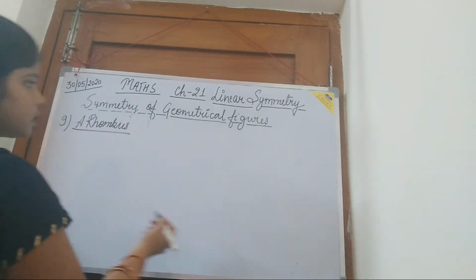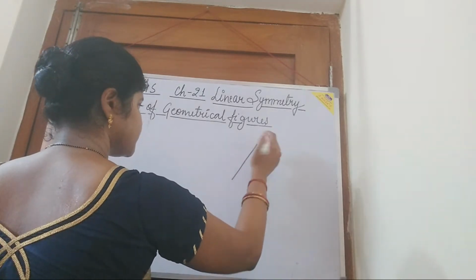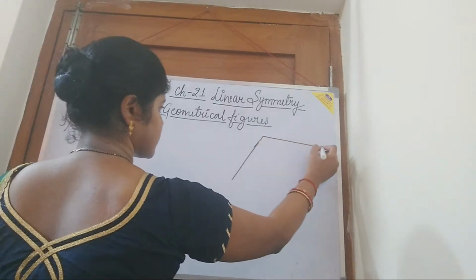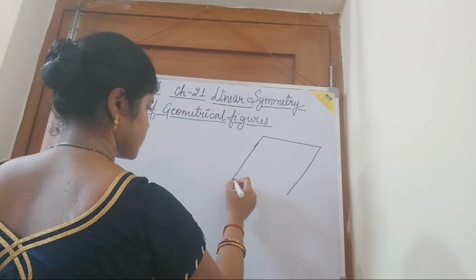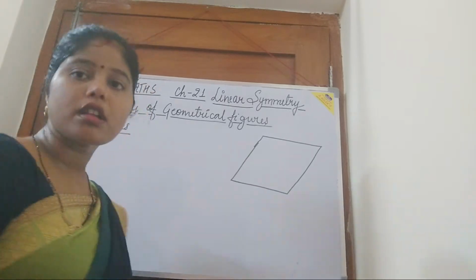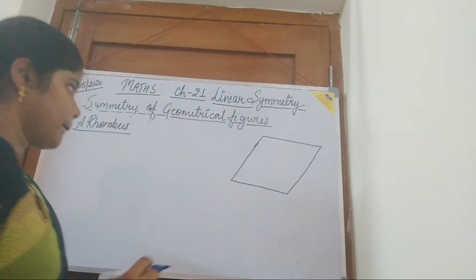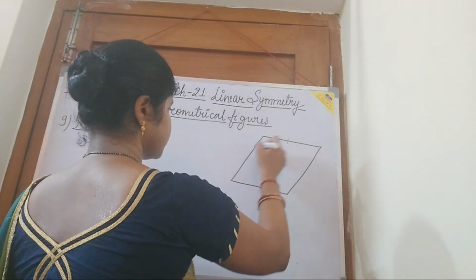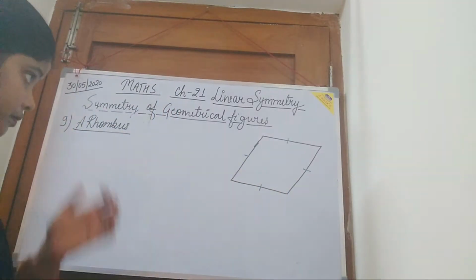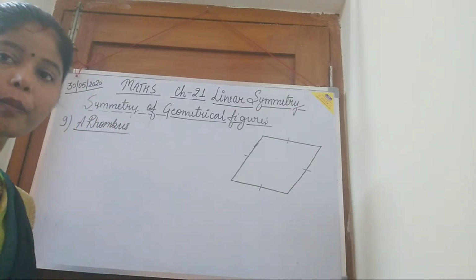In a rhombus also all four sides are equal in length, which is one of its properties, same as a square.